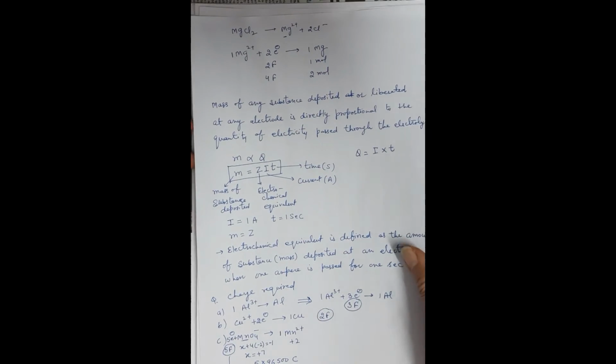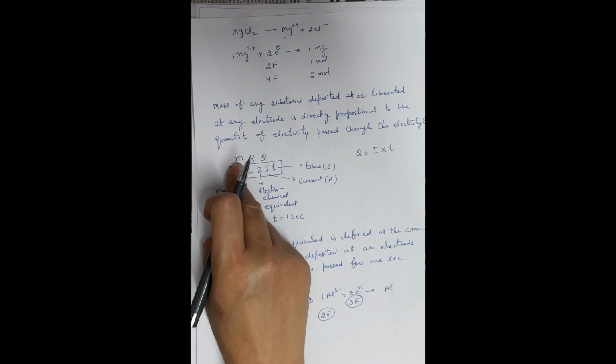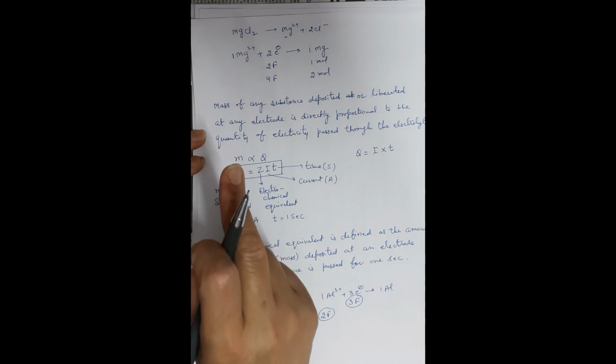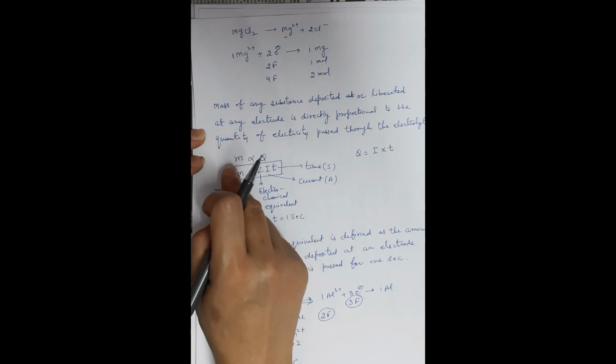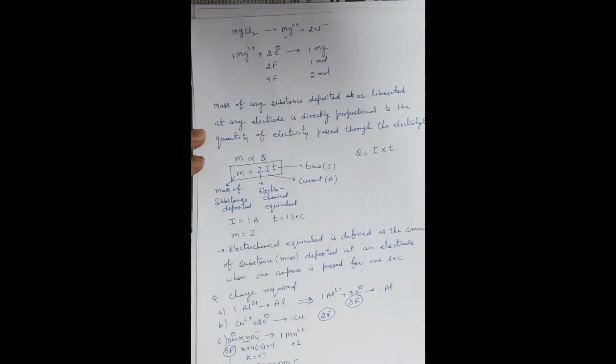Today we have done 2 laws of Faraday. The first one says that the mass of substance which is deposited at any electrode, either anode or cathode, is directly proportional to the amount of charge passed through it. More the charge, more is the mass. Lesser the charge, lesser is the mass.